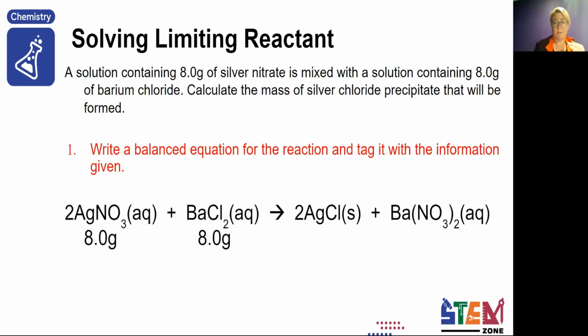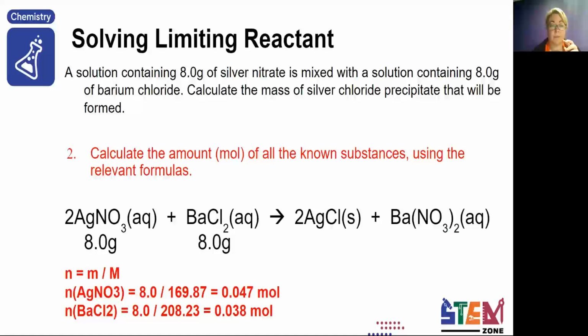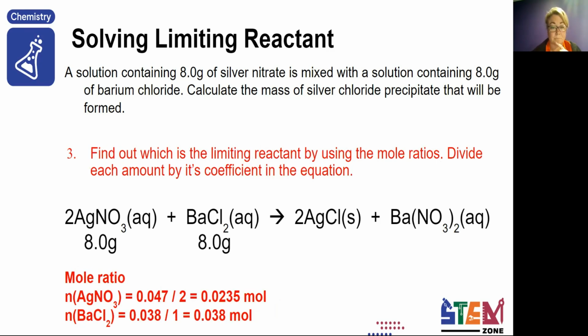So write a balanced equation and tag that information. You can see here I put 8 grams there, 8 grams there. Perfect. Now, I've got to work out the number of moles of both of those things. So I've done that, calculated the number of moles, and by the looks of things, silver nitrate is in excess, but no, we have to divide by our coefficients, remember?